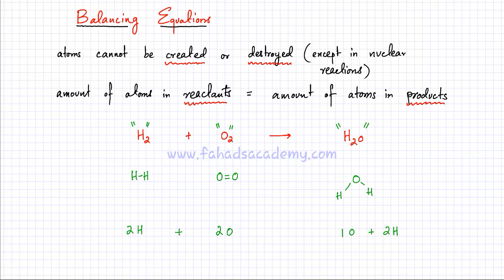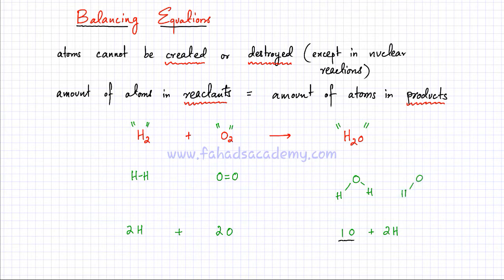Now the first thing that needs to be corrected is this fact over here. There's only one oxygen atom, so I need to increase the number of oxygen atoms, but I cannot change the formula of water. So the only way I can change the amount of oxygen atoms is by having another water molecule.